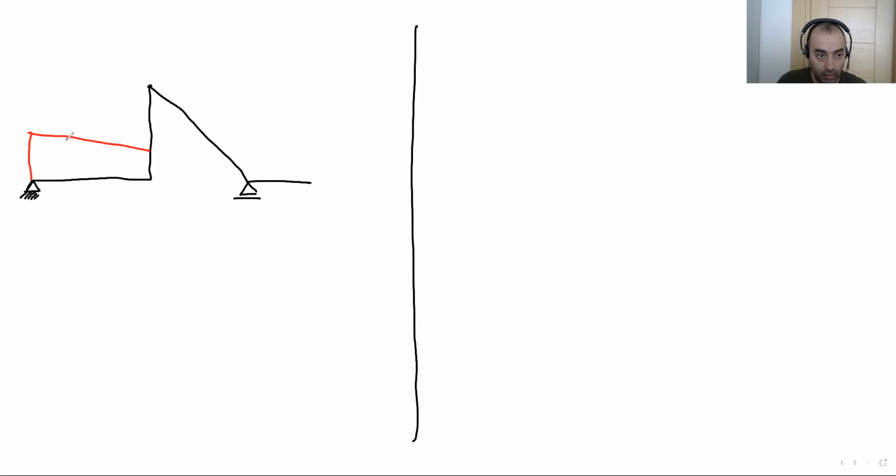Okay, here we have nodes here. So this load is here, and we have one more lateral load here, and one uniform distributed load here.